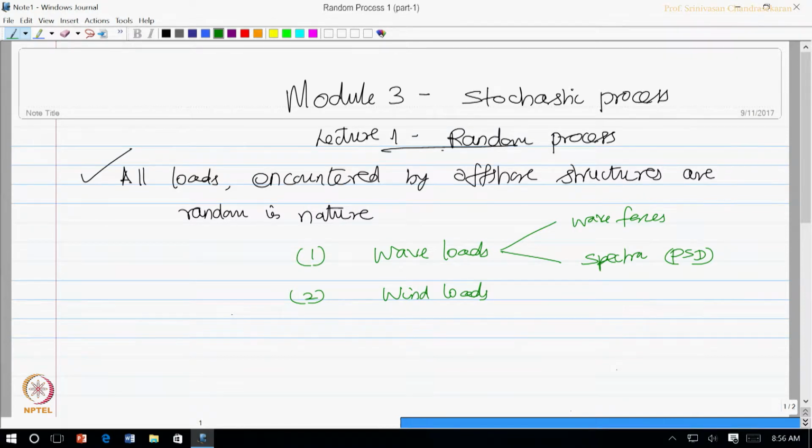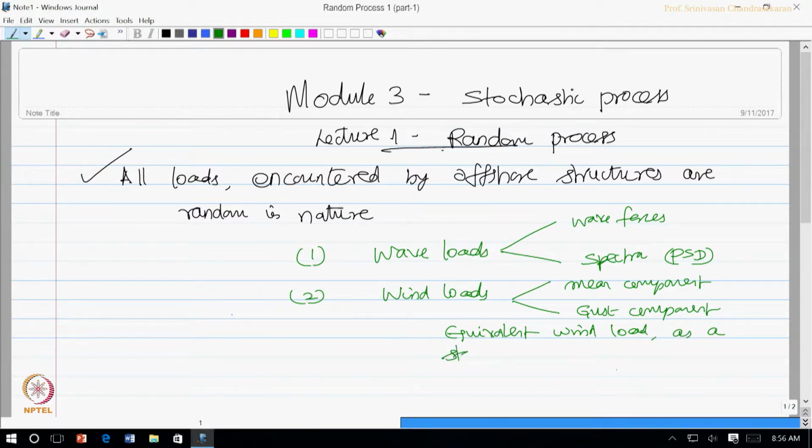Though wind loads have two components which are the mean component and the gust component, we have seen in the last lectures that equivalent wind load as a static process can be obtained using what is called aerodynamic admittance function.